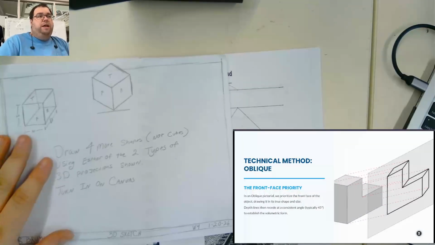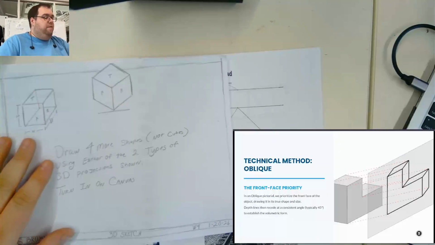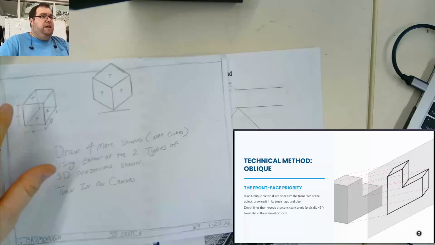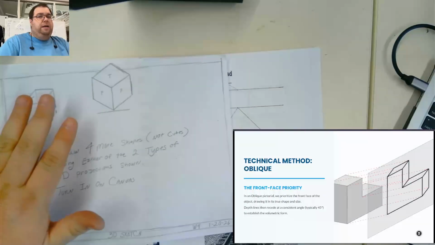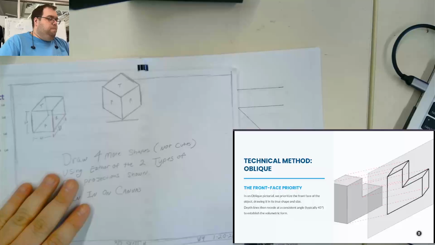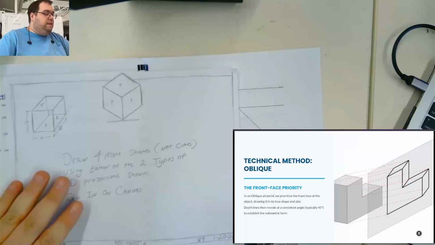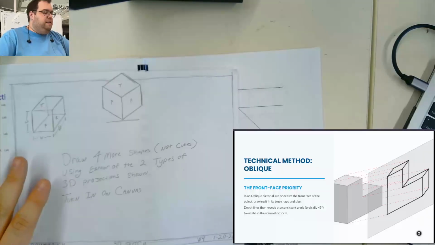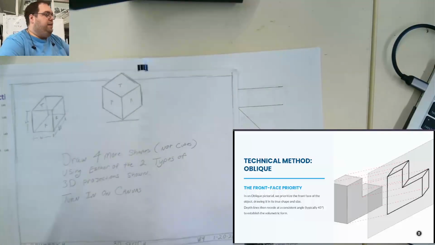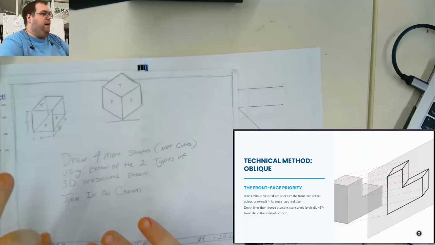We did the oblique drawing method, which is to have a face that is true to size facing you, and then different angles drawing away. And there are two different types of three-dimensional drawings. There's objective, and then there's perspective.